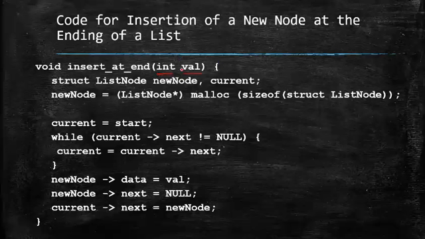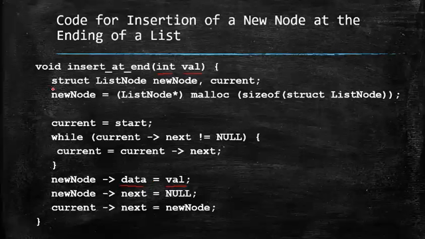This is exactly what you have seen in the previous video of insert at beginning, where we have also received a value, and you know exactly what is the purpose of this value from the previous video. We use this value to assign the value to data variable of the new node. That is exactly the purpose of this value. And other than this particular statement, everything else is already explained in the previous slide.